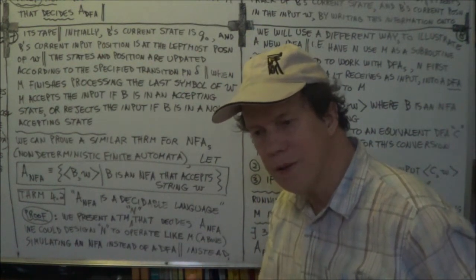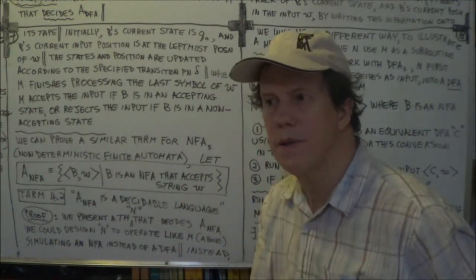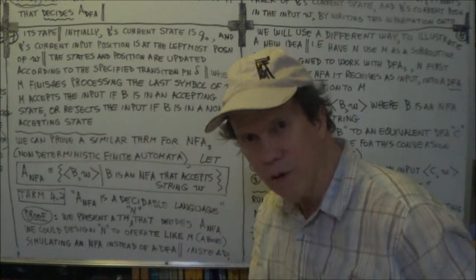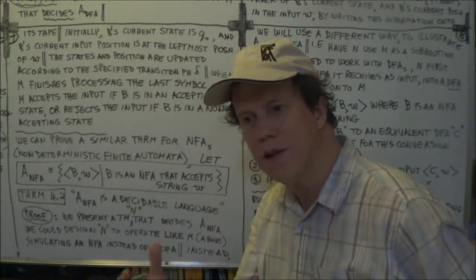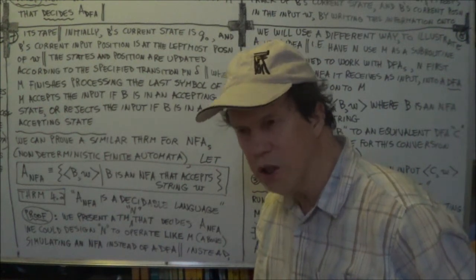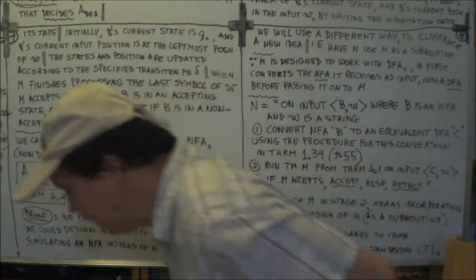So, in a sense, M is kind of incorporated as a part of N. So N is like a bigger machine that's using a smaller Turing machine, M, as a component, as a subroutine.